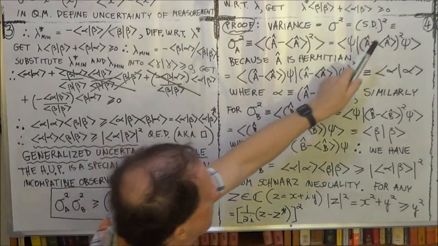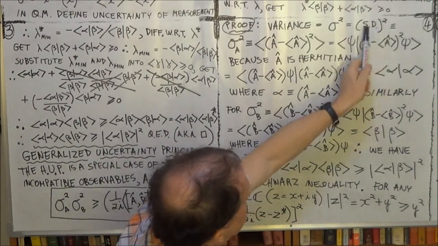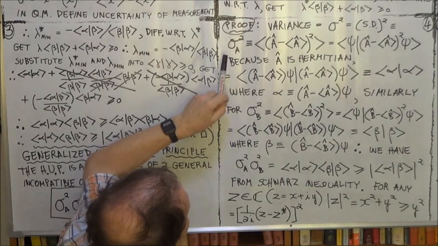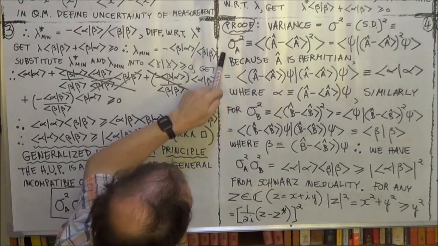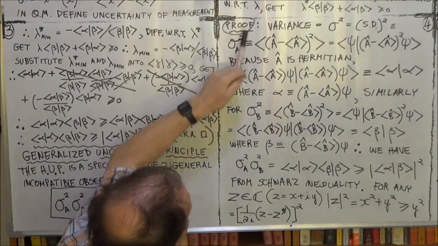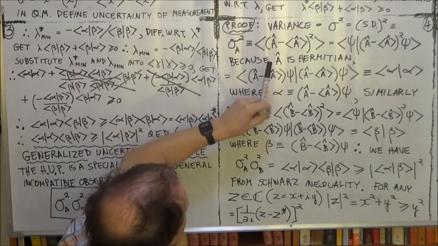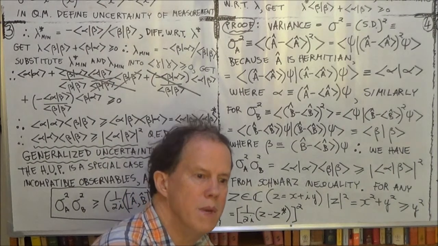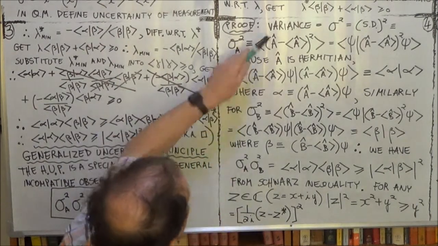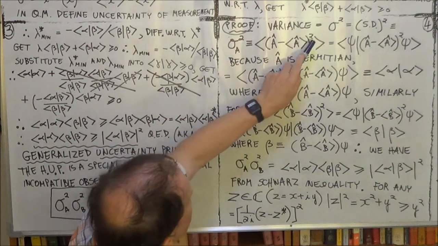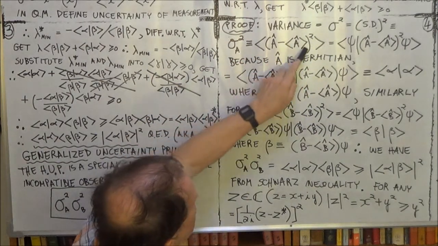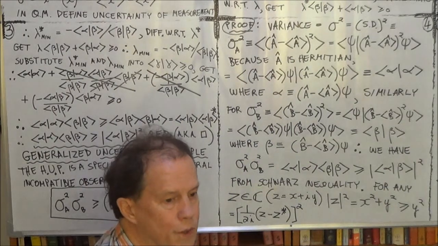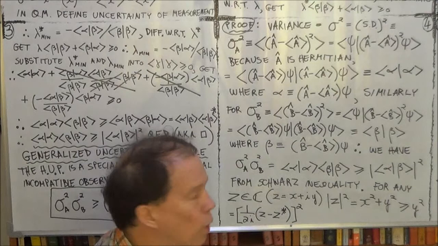Now in quantum mechanics, this is the variance of A. Variance, remember, is the average, the mean square deviation. And deviation means the difference between a score and the average score.